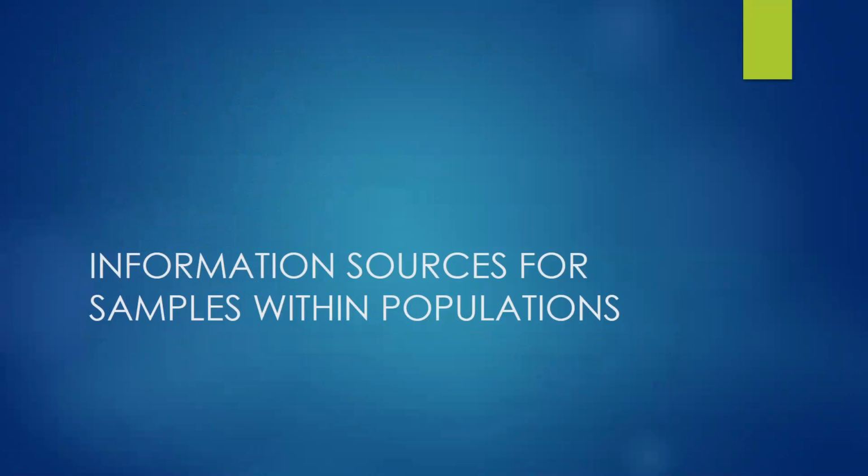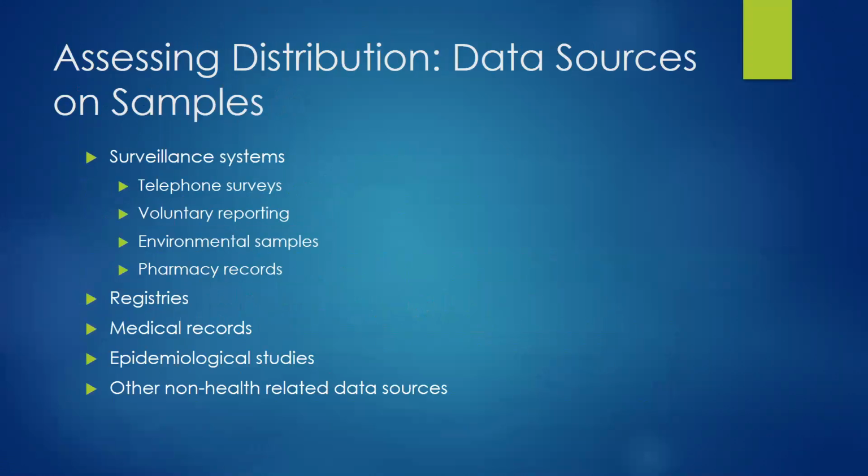Okay, so moving on to our more common data sources in public health, those that are about a sample. The major kind of categories of data on samples that we have are surveillance systems. And so these would include things like surveys, voluntary reporting, sampling.